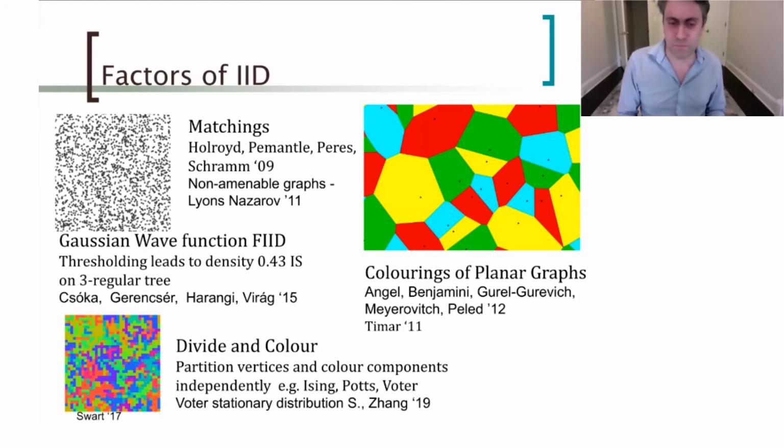But I believe it's not known yet whether it can be done with 4 colors. Of course, you always know that there exists a 4-coloring of a planar graph, but whether there's one that can be realized as a factor of IID is open. And when I was a postdoc, essentially the very first question I was asked was: if you take the Ising model on the tree, when is that a factor of IID?